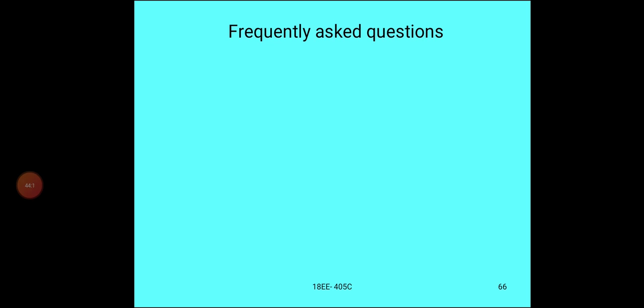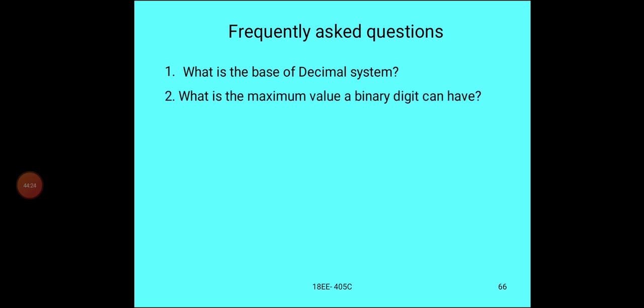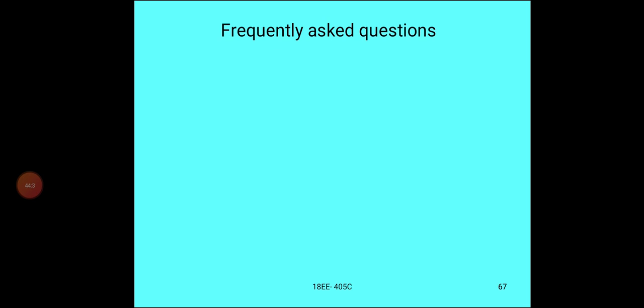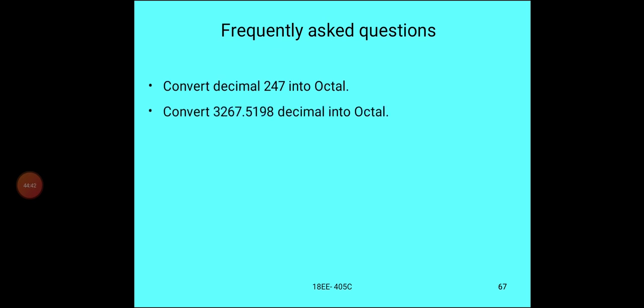The frequently asked questions from this topic: What is the base of decimal system? What is the maximum value a binary digit can have? Which digit is called MSB? Which digit is called LSB? Convert decimal 58 into binary and vice versa. Convert decimal 247 into octal.